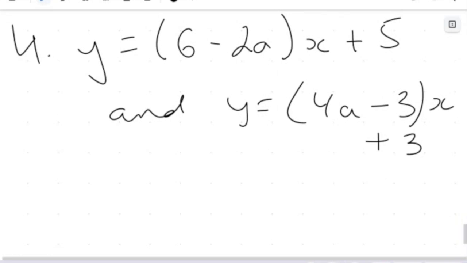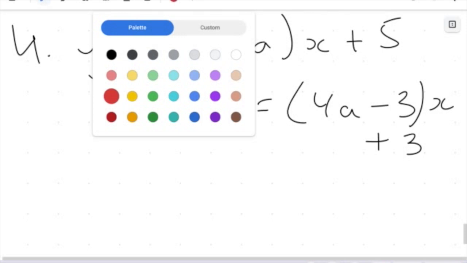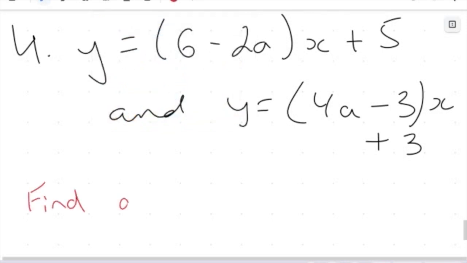You will get given that these two lines are parallel. Find a, if the lines are parallel.